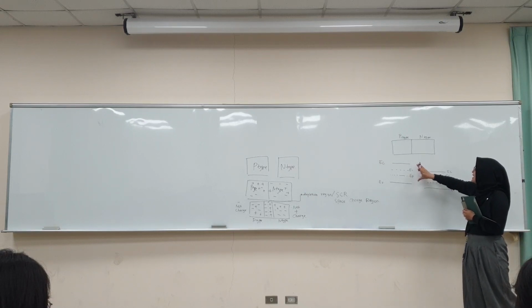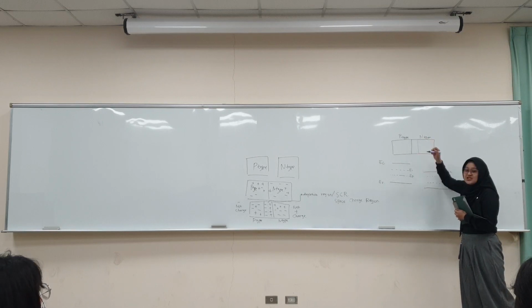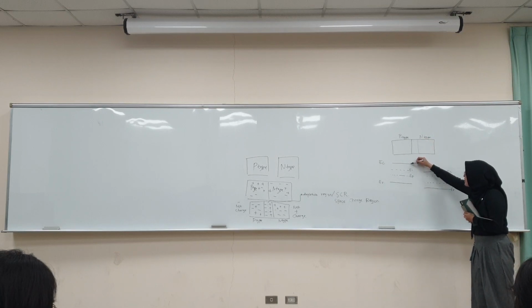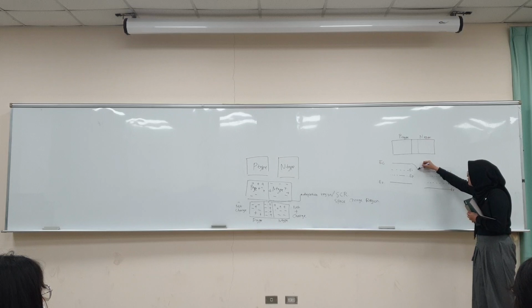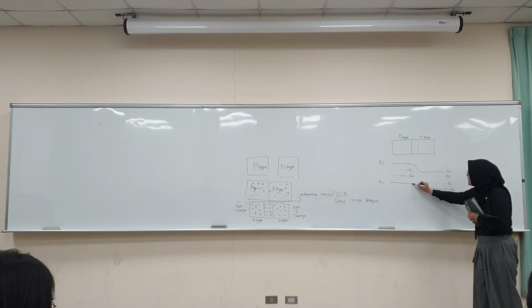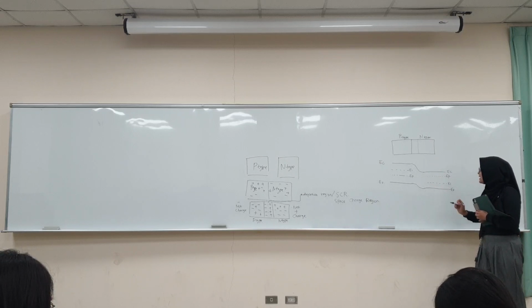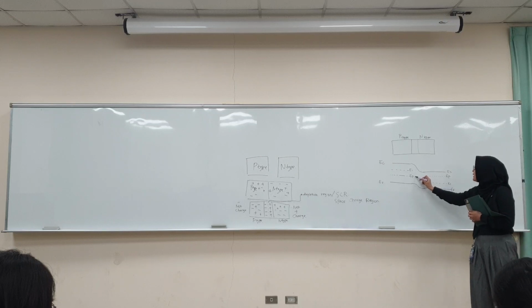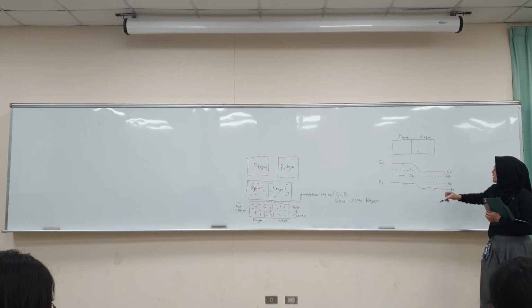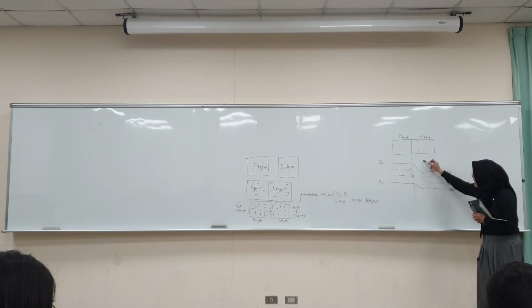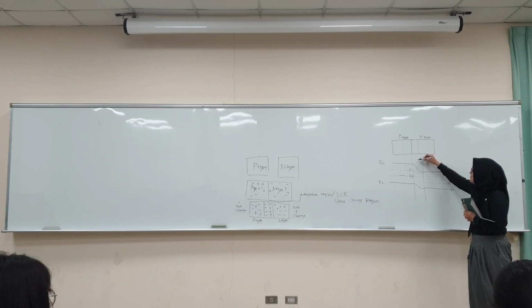The gap here is what we call the depletion region. So if you want, we can make like a bridge here, like that. And we will get this, what we call the depletion region.